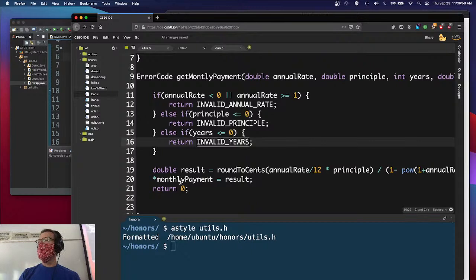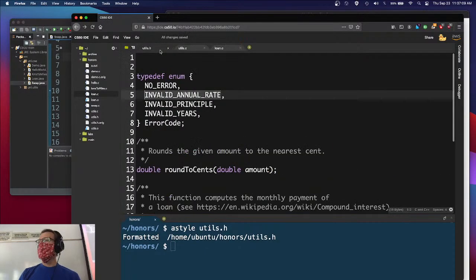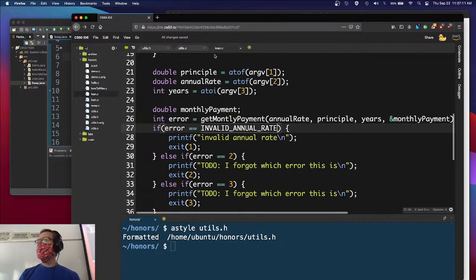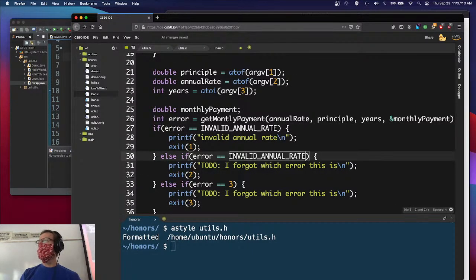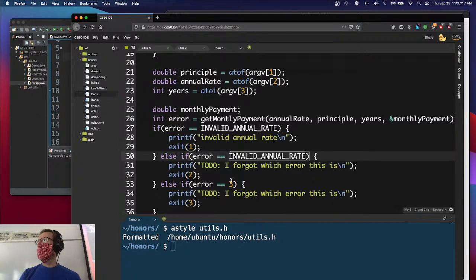Right? And then instead of returning 0, I'll return no error. Right? And I can do the same thing over here in loan.c. Instead of looking at those as magic numbers, I will look at them as human readable error codes. There we go. And invalid year. And now I remember.